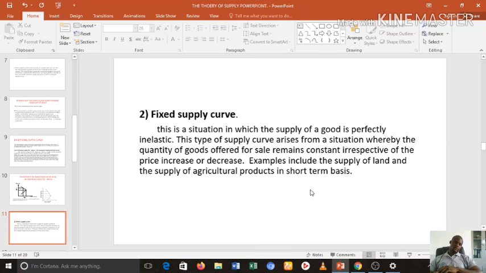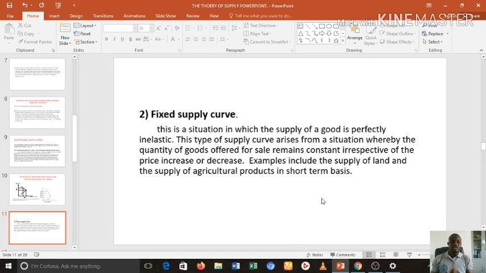Let's say tomatoes. An agricultural product like tomatoes, for example, will have a constant supply despite the price change. Meaning that if, for example, I'm supplying tomatoes, and the price for tomatoes changes, that's why we say within a short period of time, it's an agricultural product.